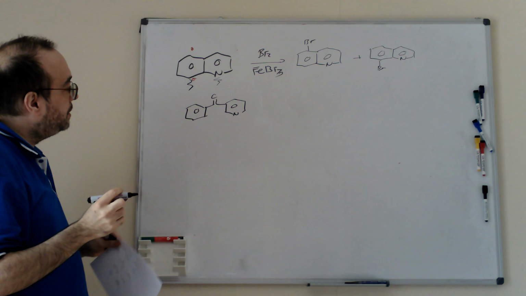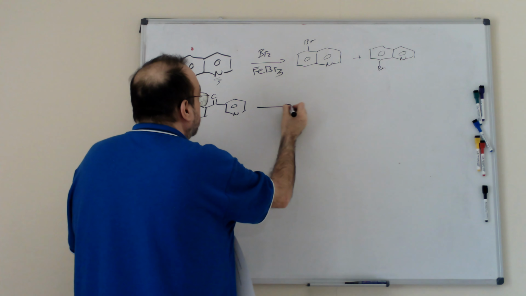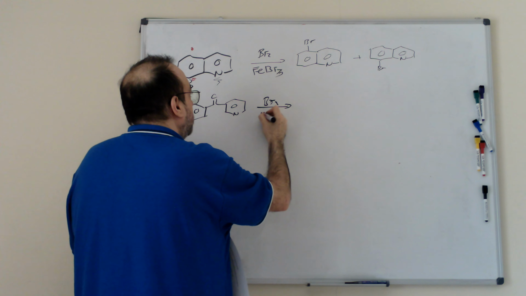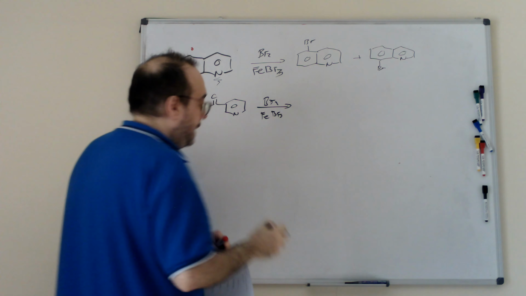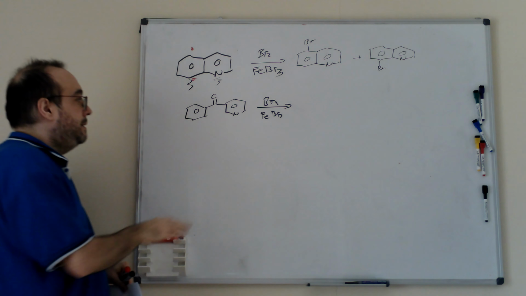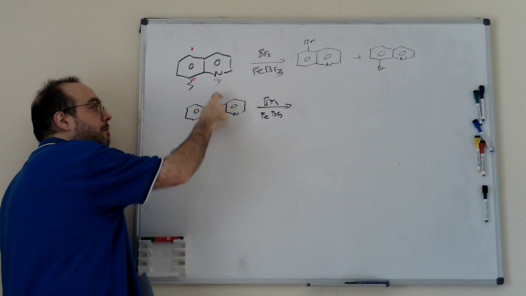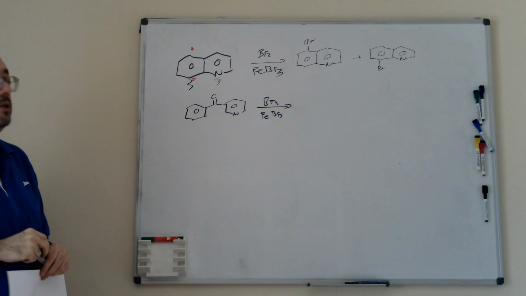Next one, we have this compound, okay, and we do exactly the same reaction. A bromination, electrophilic aromatic bromination, and again we have to decide which is the electron-rich ring. In this case we have a pyridine with a ketone, and here we have a benzene ring with a ketone.